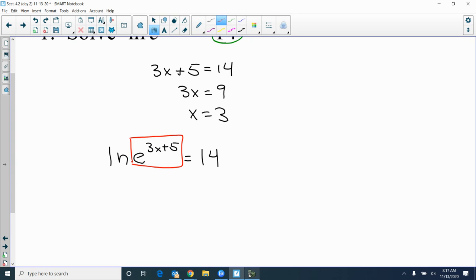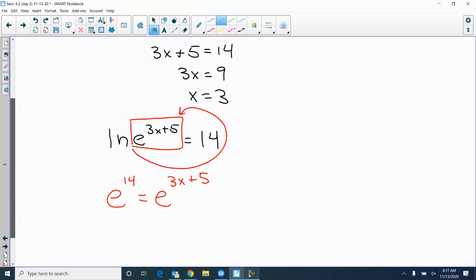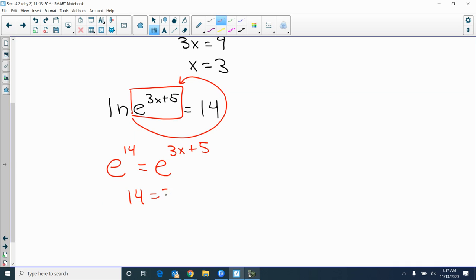That means that is not your base. What is our base for the natural log? E. It's not written. The base is e. E to the 14th has to equal this whole thing, e to the 3x plus 5. So now you can make this 14 equals 3x plus 5, and you'll get x equals 3.